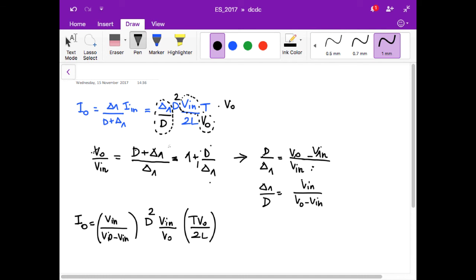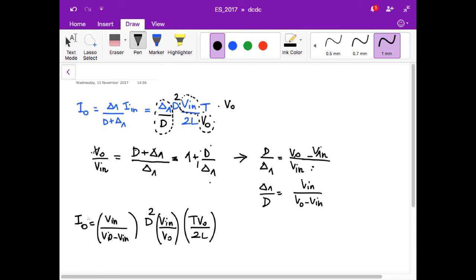So this is just to show you that in this case what we have is a dependence of the current in the output load as a function of the ratio of the input voltage to the output voltage, which is here and also here, the duty cycle, and the input voltage.